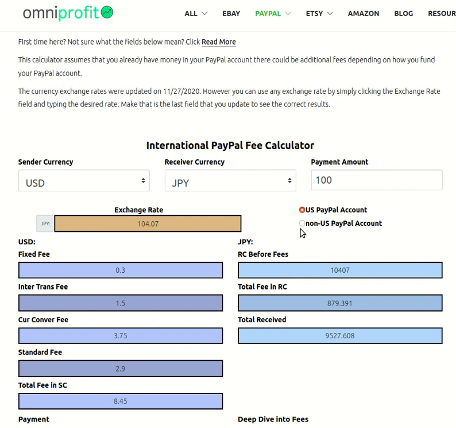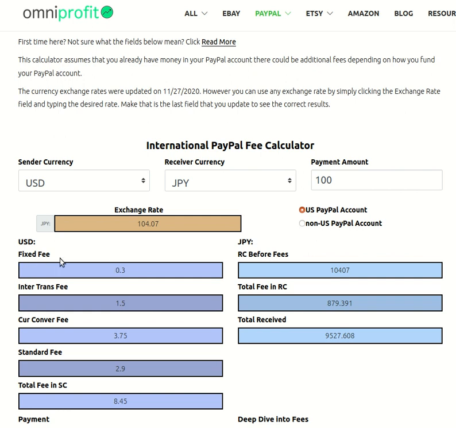Is the person sending the money sending from a US PayPal account or a non-US PayPal account? And that's going to change the fees. For right now, I'm going to leave it as a US PayPal account. And so just to summarize, I, with a US PayPal account, am sending 100 USD to my friend, and they'll receive it in JPY.